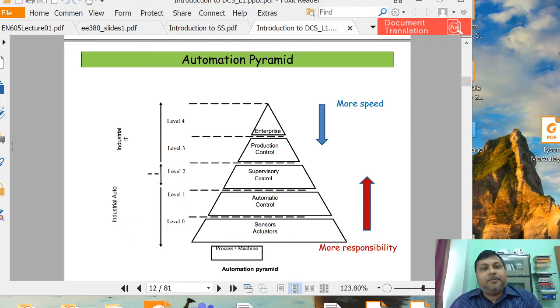After that, a very important thing we discussed is called the automation pyramid, because it helps us understand the responsibilities of different persons involved in the industry. Last class we defined the automation pyramid having different levels, that is level 0, level 1, level 2, level 3 and level 4.